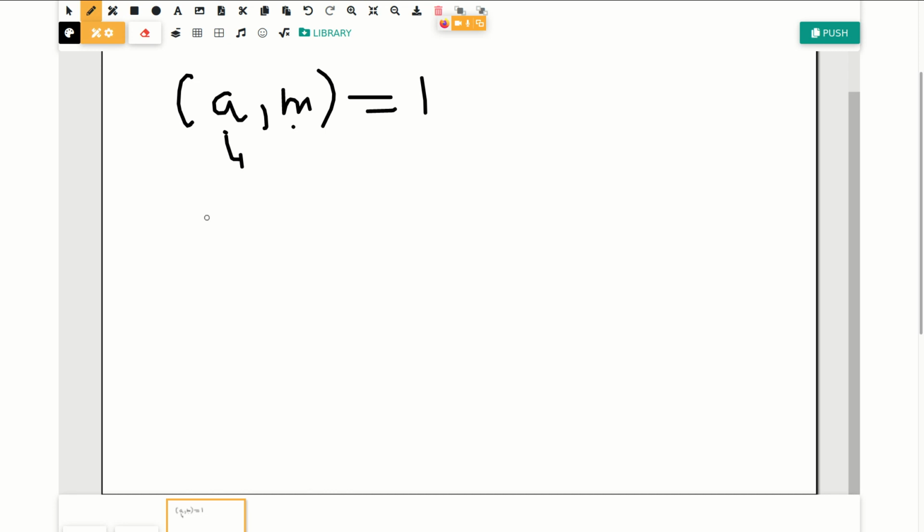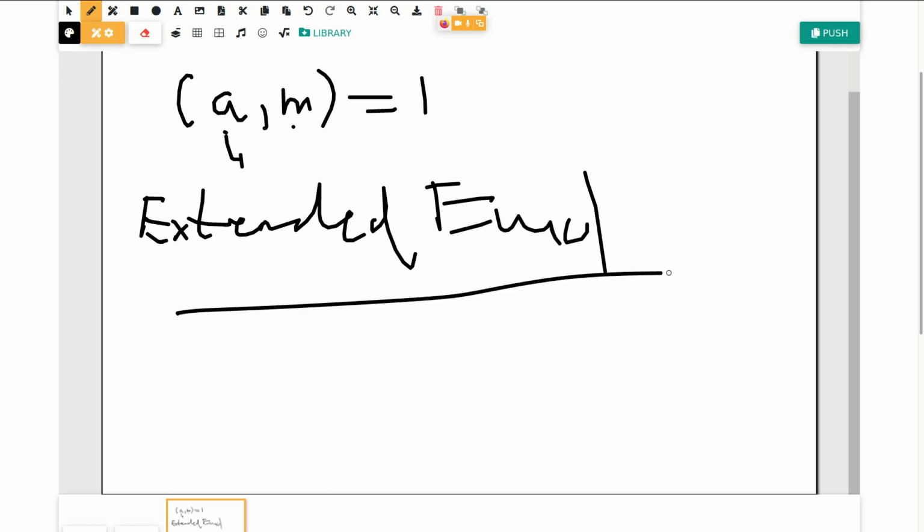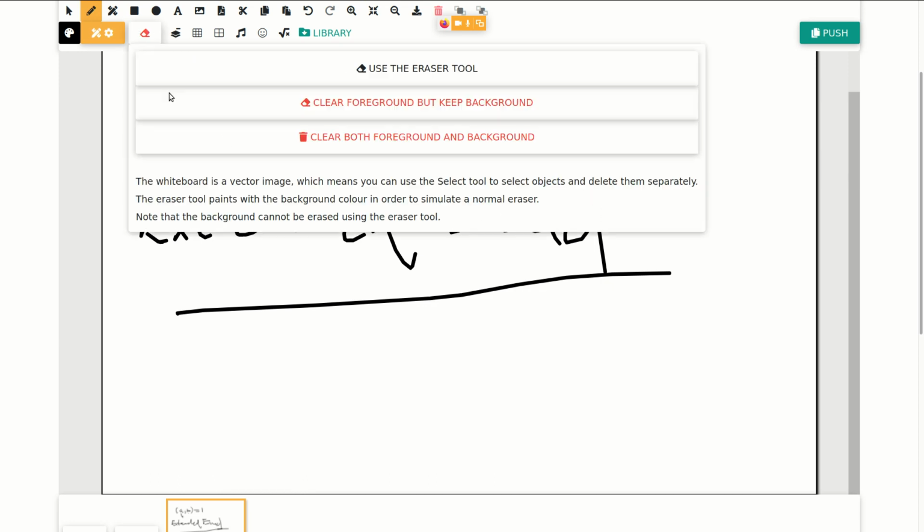And the way to calculate this lies in one of the algorithms which we discussed just now, and that is the extended Euclid GCD. We can use that algorithm to calculate the modular inverse of A under modulo M. And here's how we do that.